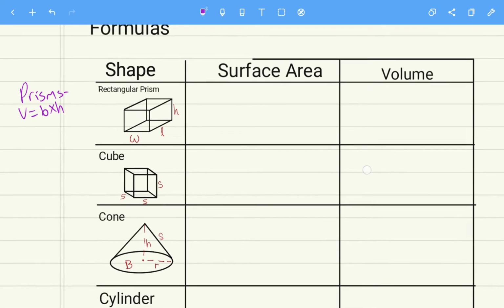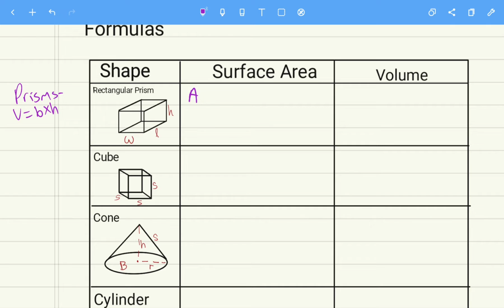So, surface area of a rectangular prism is going to be 2 times the length and width plus 2 times the width and height plus 2 times the height and length.